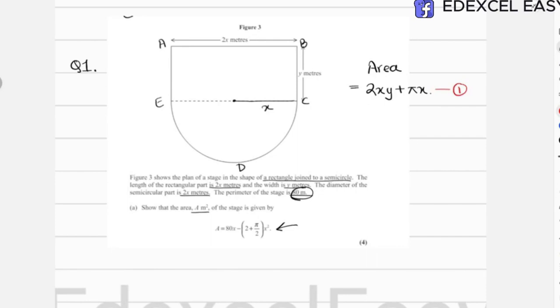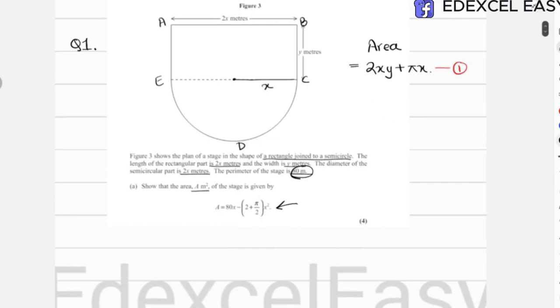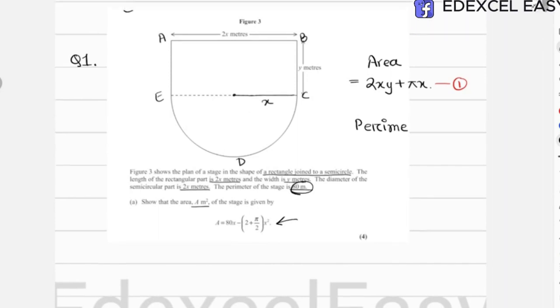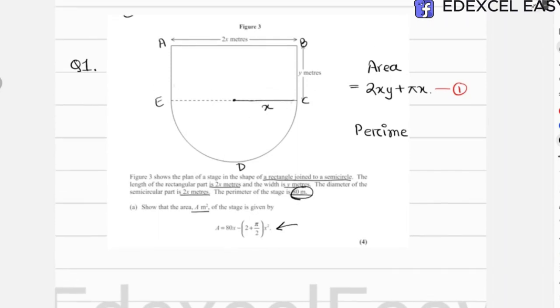Okay, and then again I'm going to find the second equation in terms of y, which is going to be... I already know the perimeter over here is going to be 2y, 2x, and this half circumference of the semicircle. So for this perimeter, I'm going to write it down as 2y plus 2x plus the circumference. Sorry, 1 minute.